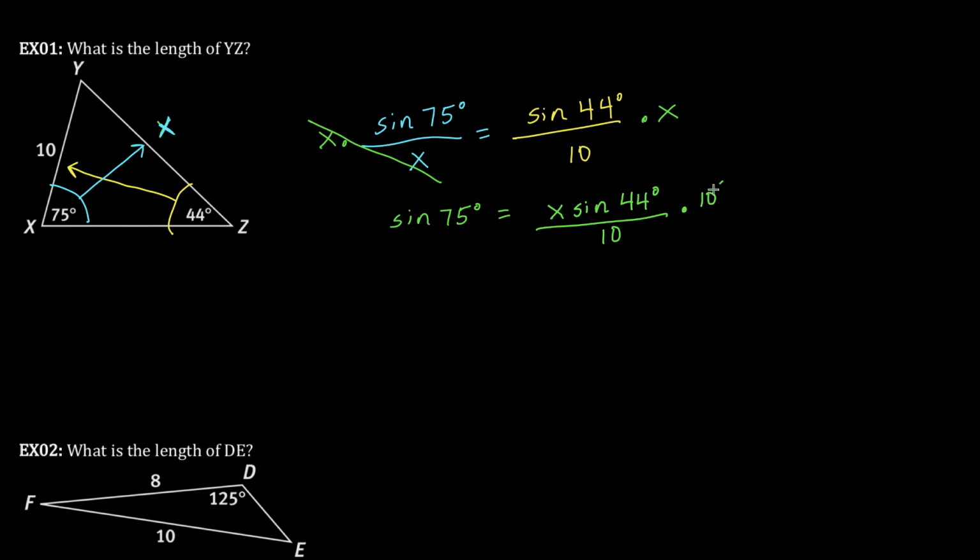So I'll multiply by 10. So I get 10 sine 75 degrees equals X sine of 44 degrees. And then I'm going to divide each side by sine 44 degrees.